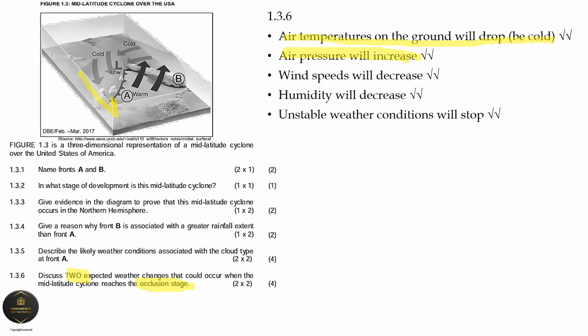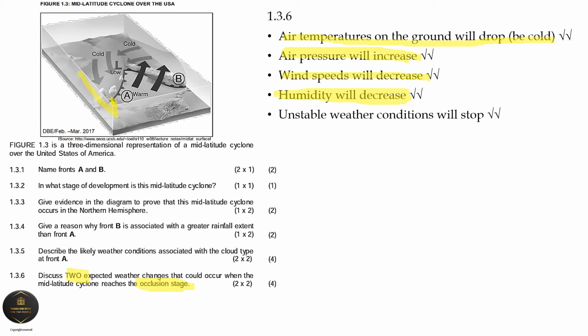So when we have low temperatures, pressure will be high, and the wind speeds will decrease simply because we have more sinking air, so we have less wind as a result, and humidity will also decrease because we have cold air occupying the surface, and remember, cold air is mostly dry.